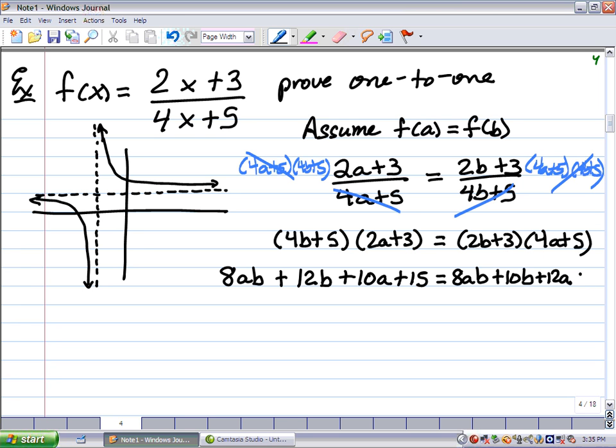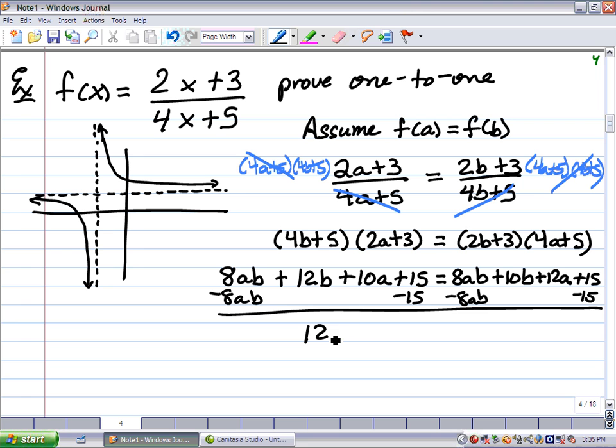And 3 times 5 is 15. Notice I have 8ab on both sides, and I have 15 on both sides, so I can subtract those away, getting 12b plus 10a equals 10b plus 12a.